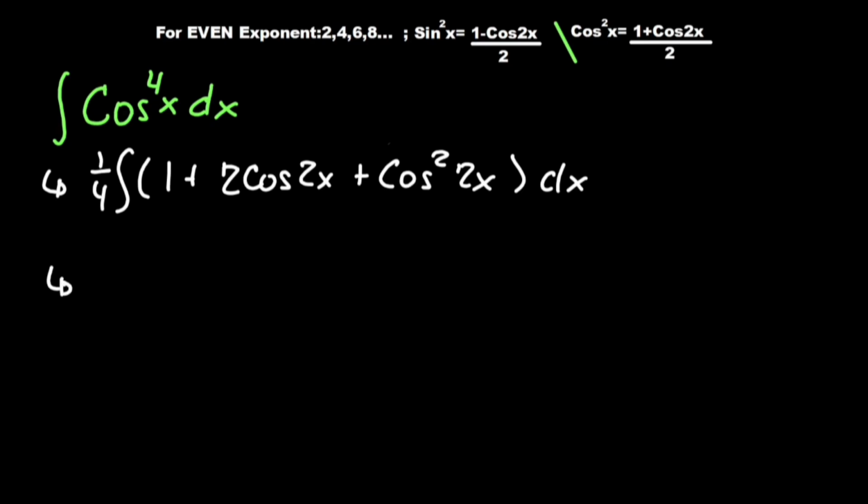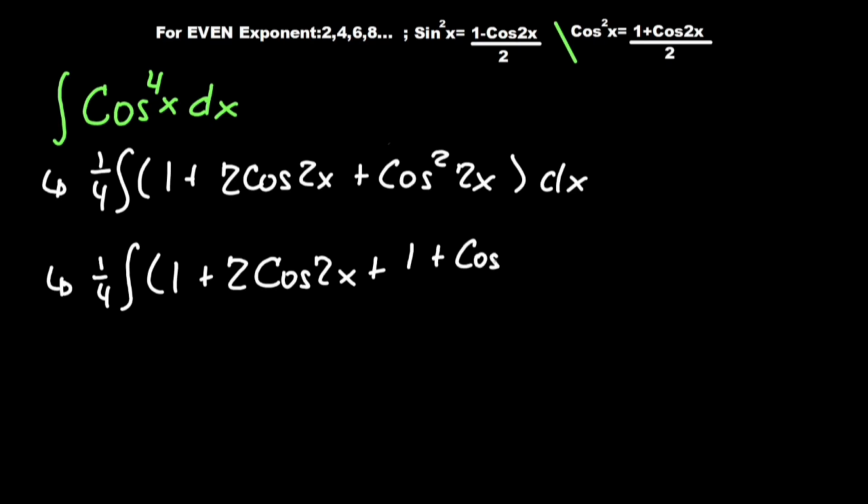And so, as you can see here once again, we have an even exponent, so we will use this again. So this should be transformed to 1 plus cosine of 2x, twice of x, I mean.